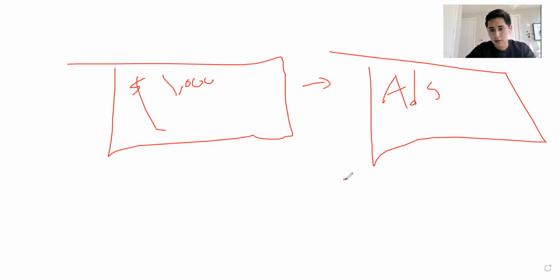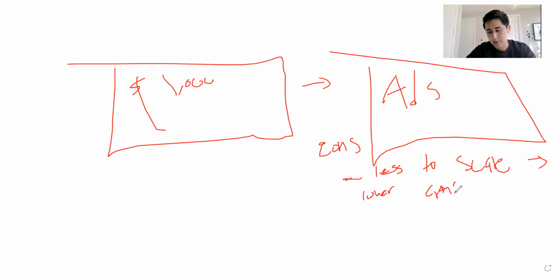There are going to be a lot of cons when you're trying to vertical scale. The biggest thing right here is you're less likely to scale because you're simply lowering your CPMs, because we're relying on one system to bank off of.